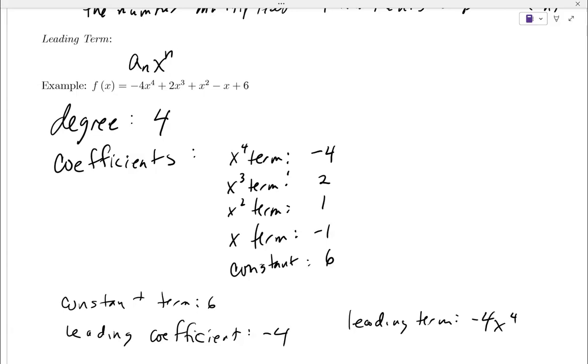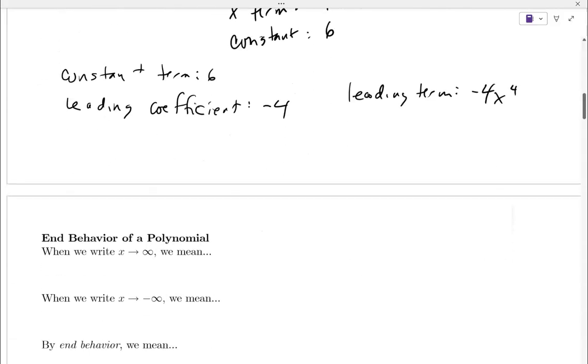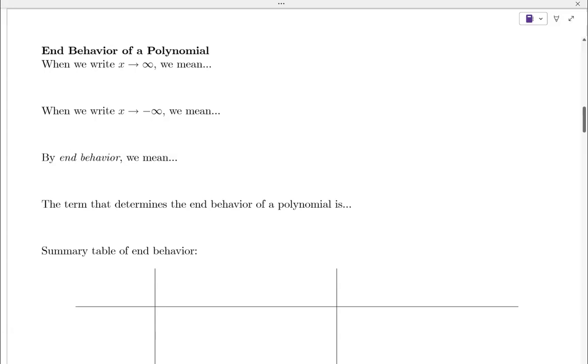Any questions on finding those values? All right. So what does the leading term tell us? We'll finish this up on this page, and then we'll have your quiz. This is what we refer to as the end behavior. Graphically, end behavior is basically which way the ends point.